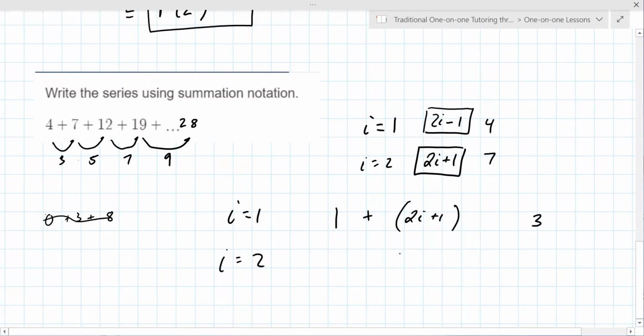When i equals 2, 2i plus 1 gives you a 5. It goes up by 5.